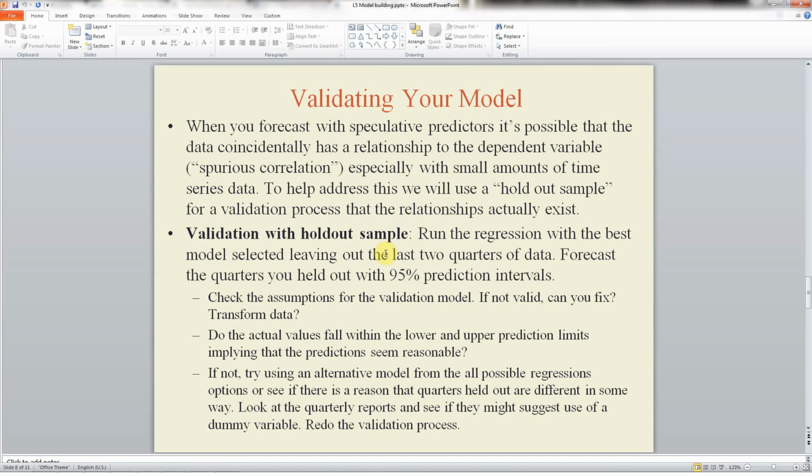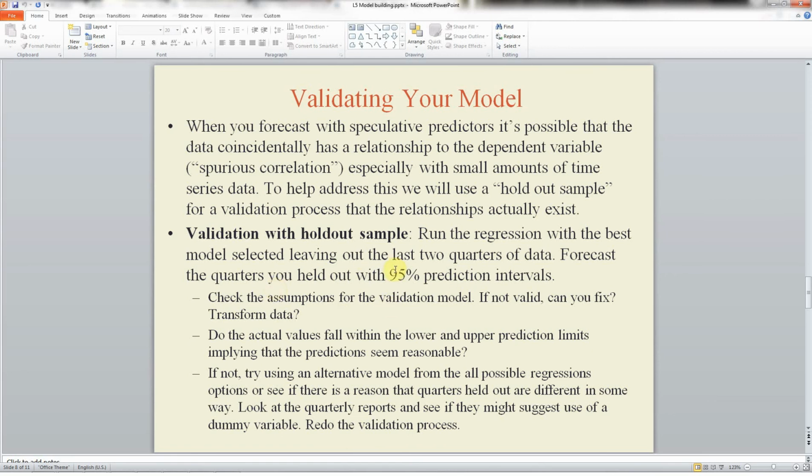And if the model, with that less data, can predict the 2 points that I left out within the 95% prediction intervals, then I'm going to say that that model is valid. If it wasn't able to do that, I would be questioning whether that model is very good.